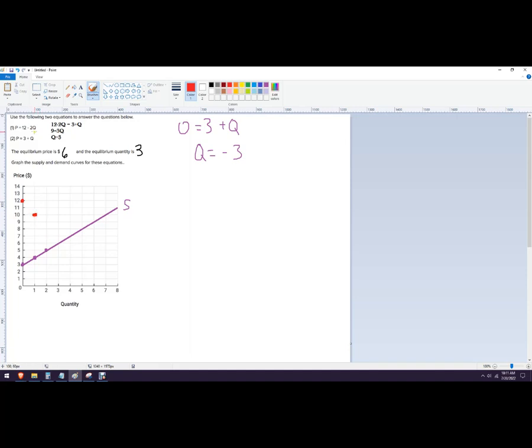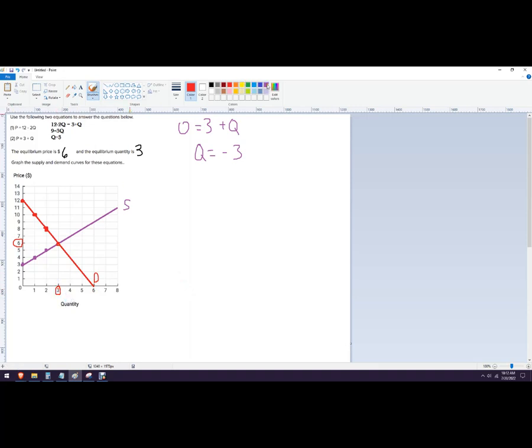Then put a 2 in for the quantity, that's going to be 4, and that'll drop us down to 8. Both of these are linear, meaning they're straight lines, and we're just going to go all the way down there. Here's our demand function. Here's our supply function. There is equilibrium price. There's equilibrium quantity.